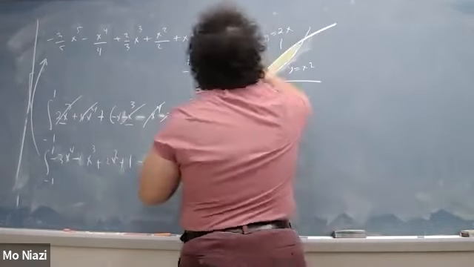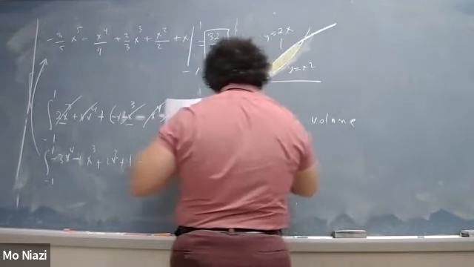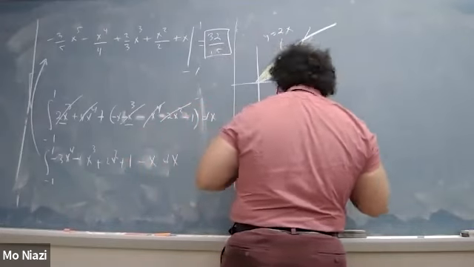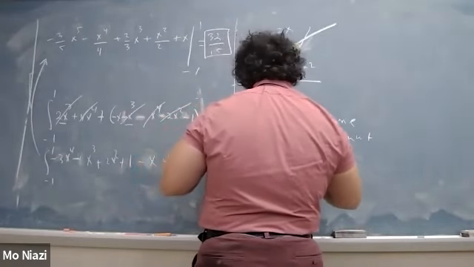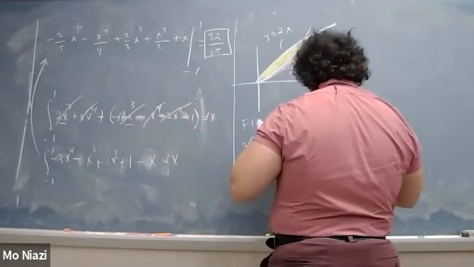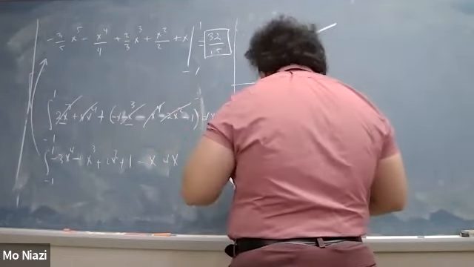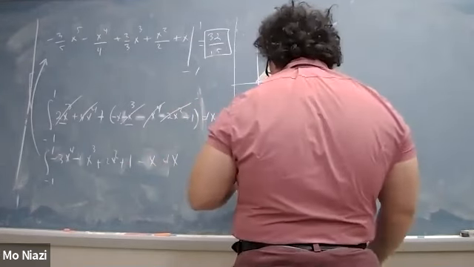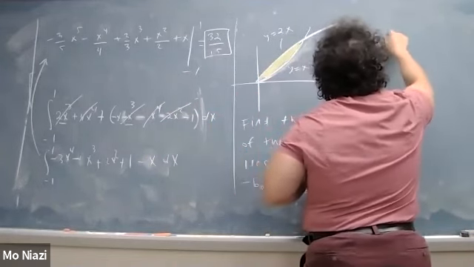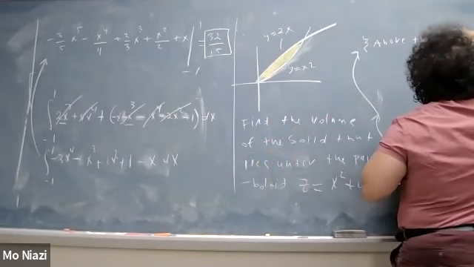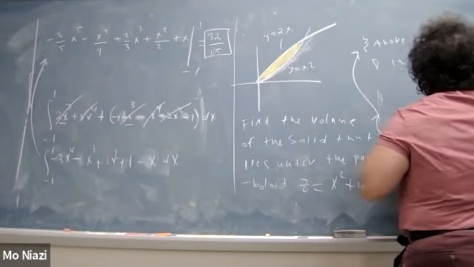And not only that, but in this problem, we want to find the volume of the solid that lies under the paraboloid given by z is equal to x squared plus y squared, and above the region D in the XY plane.